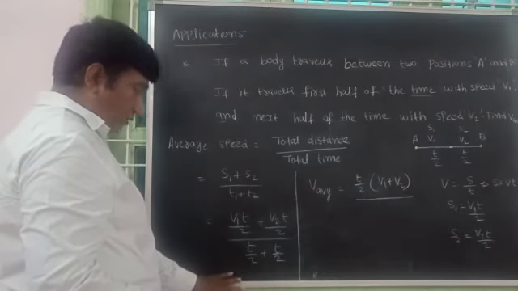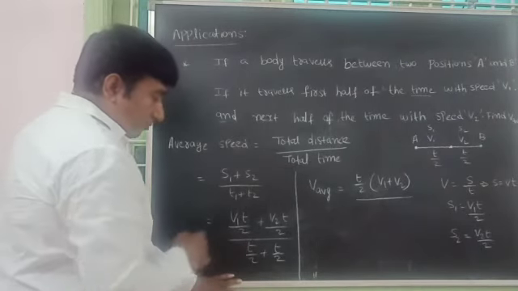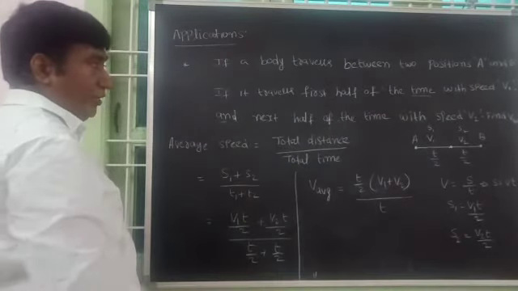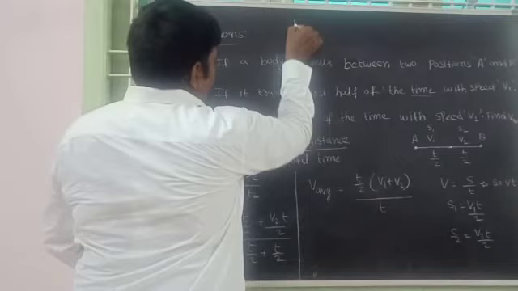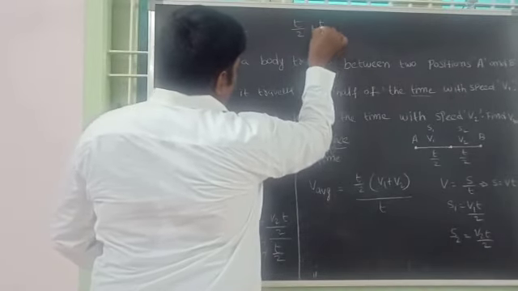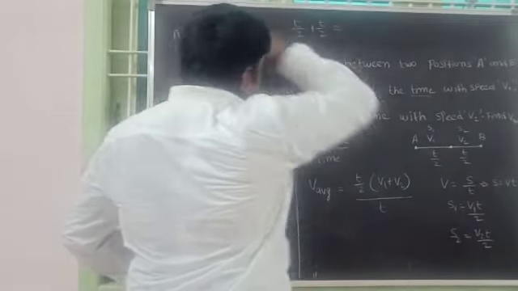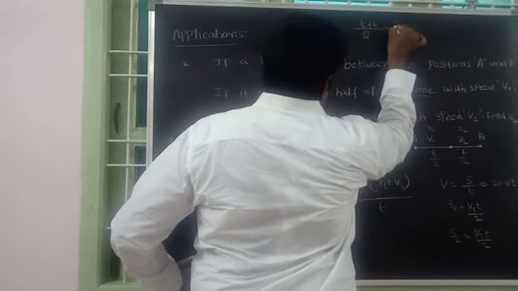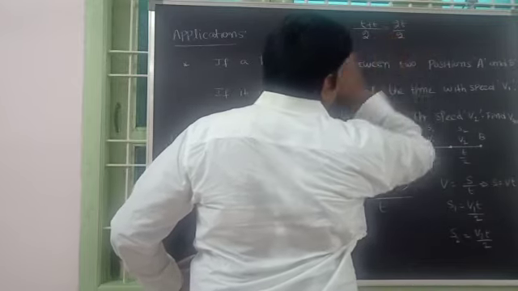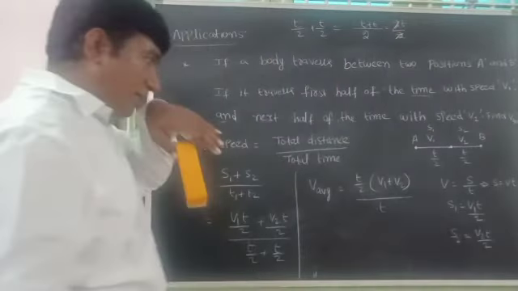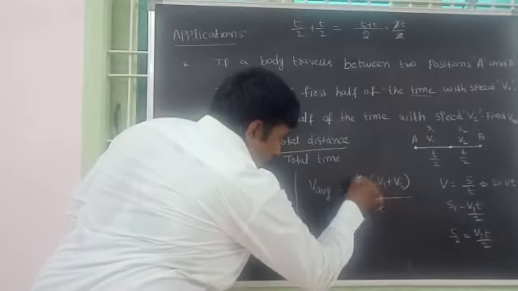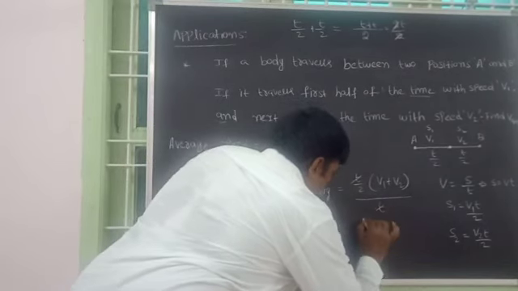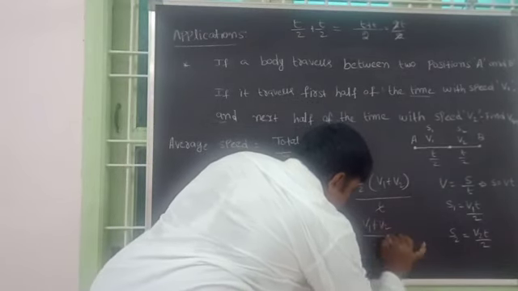In the denominator, t by 2 plus t by 2 is 2t by 2, which is nothing but t, so the t gets cancelled. So V average is equal to v1 plus v2 by 2.